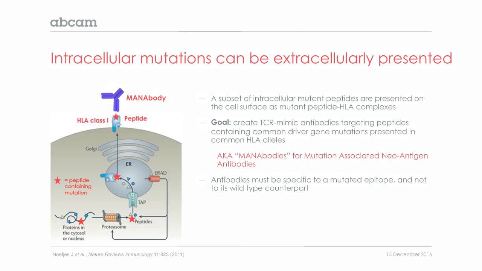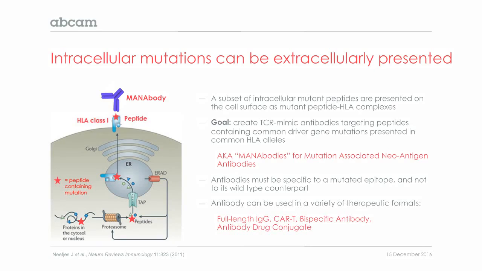So importantly, our antibodies must be specific to the mutated peptide epitope and not its wild-type counterpart, and it also must not recognize any other normal peptide presented on a normal cell surface. And then once we identify an antibody, we can think about using it in a variety of different therapeutic formats. So this diagram shows a full-length IgG antibody.